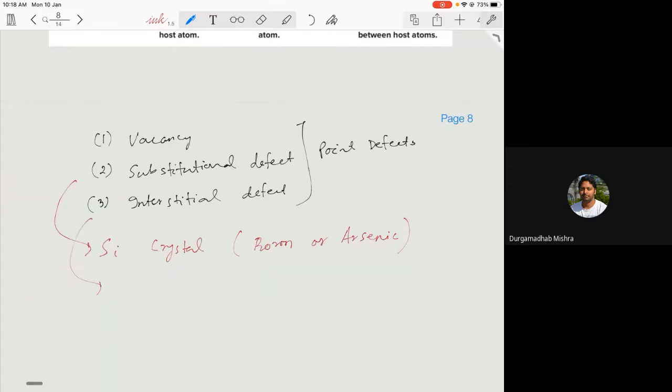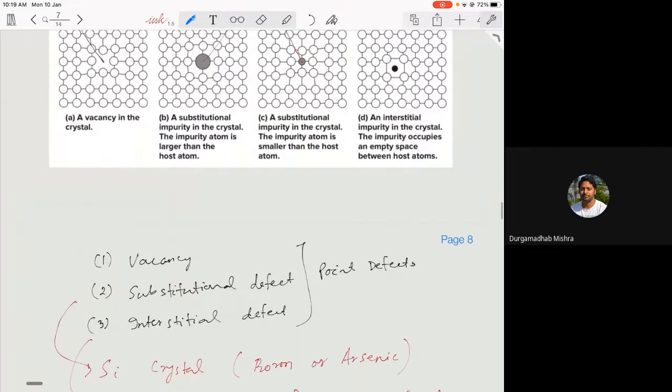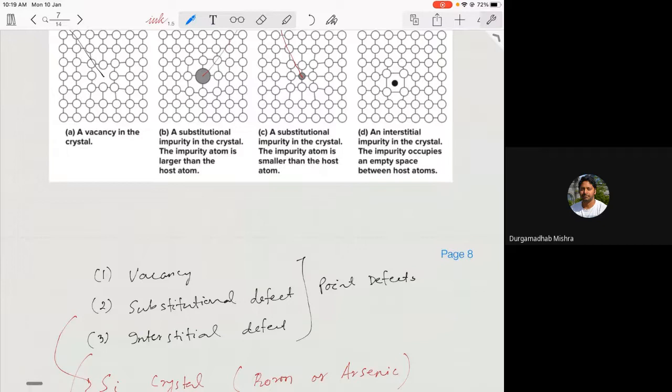One example is you take an iron crystal and you can put in carbon. They go to the interstitial sites, since the carbon atom is much smaller compared to the iron crystal, so they can go and sit somewhere. So this can be an example of a carbon atom in an iron crystal.